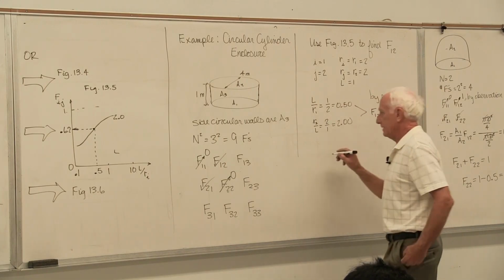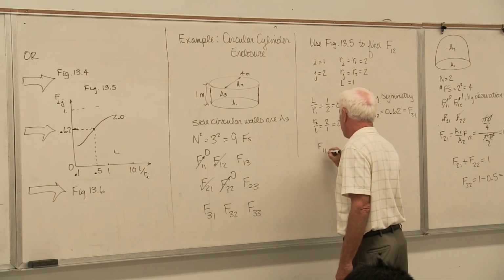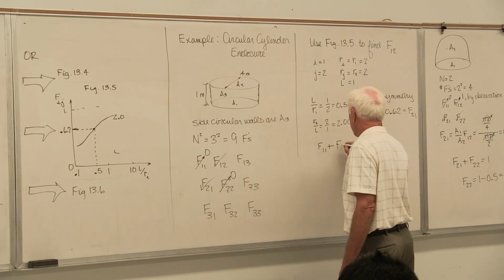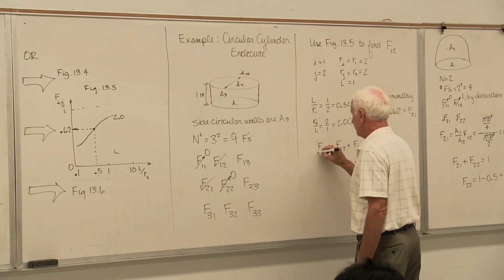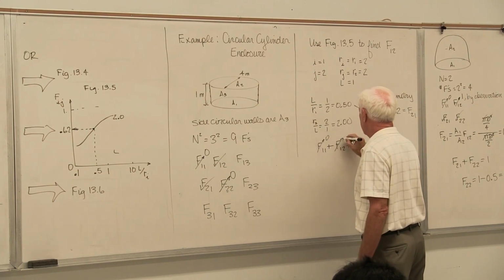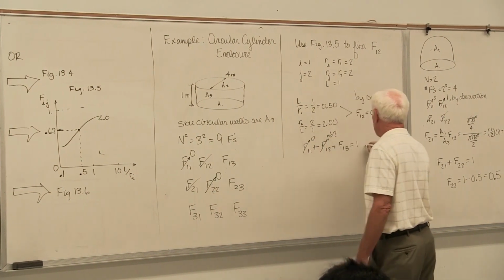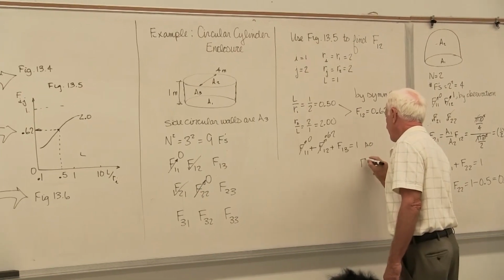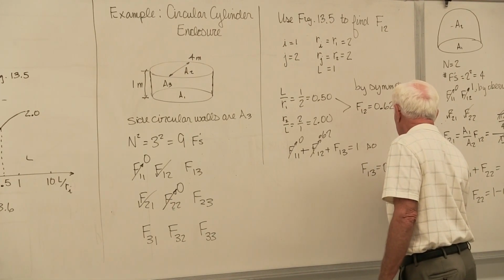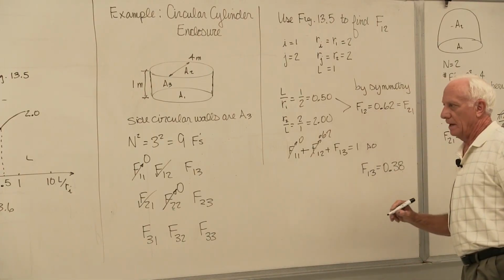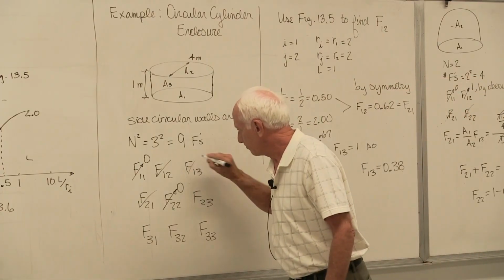So F13. This guy, 0, this guy, 0.62. So F13 must equal 0.38. Got it, F13.